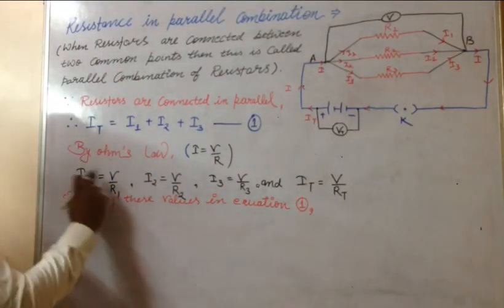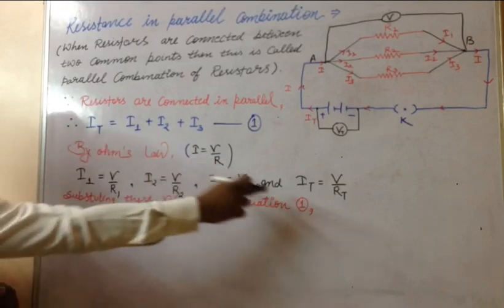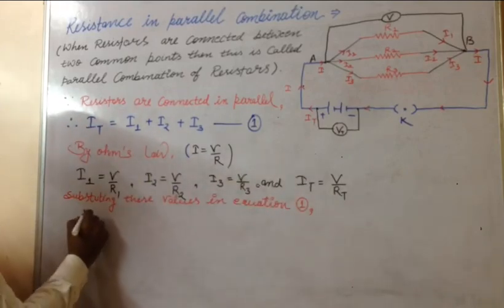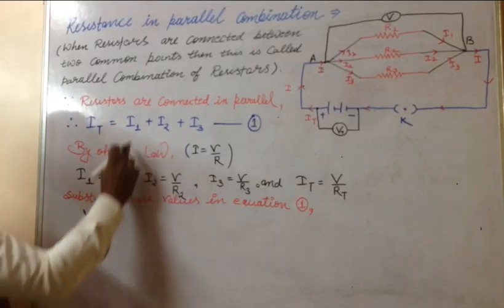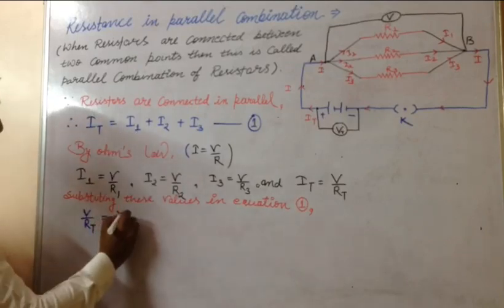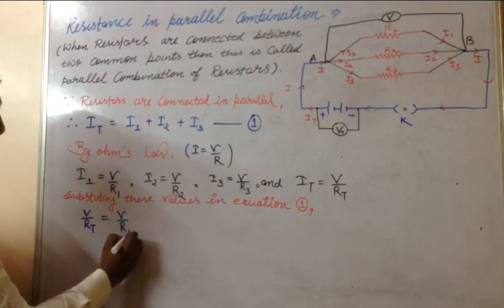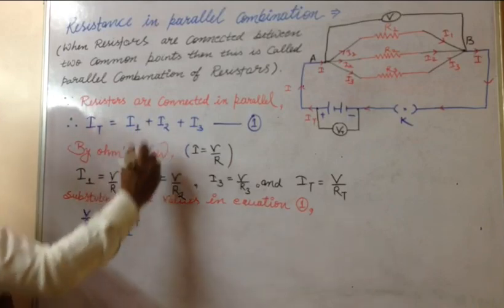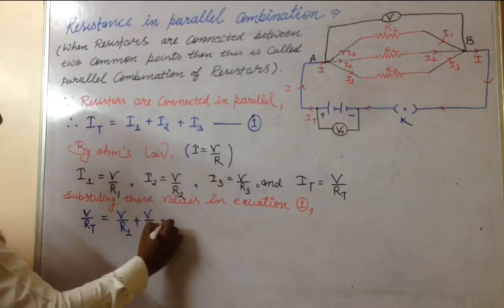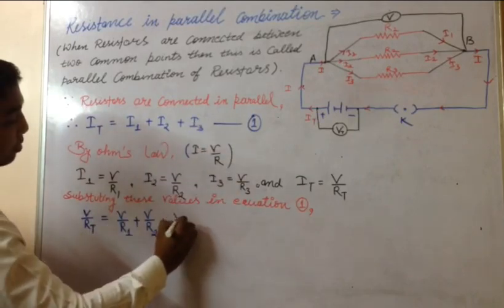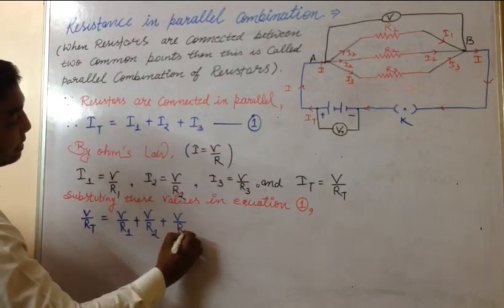Look here. In place of IT, V upon RT can be written. In place of I1, V upon R1. In place of I2, V upon R2. And in place of I3, V upon R3.